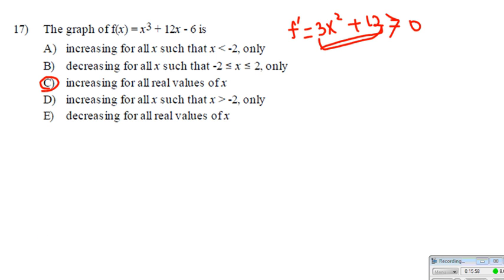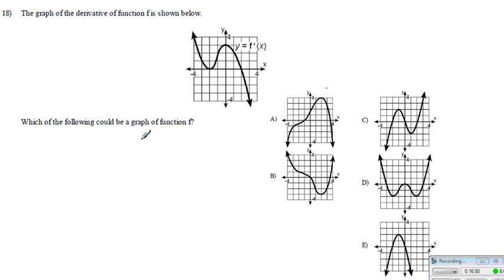All right, number 18. Now, this is the derivative, as you can see. Which one of the following could be the function of f? Now, that means from first derivative to original graph, what we have to look for is a couple of things.